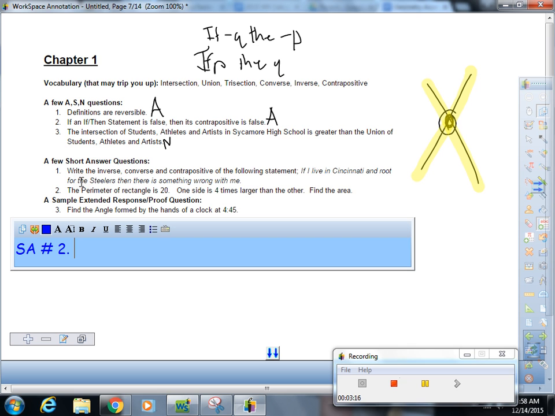The inverse would be, if I don't live in Cincinnati and root for the Steelers, then there is nothing wrong with me. So, I can live with that.